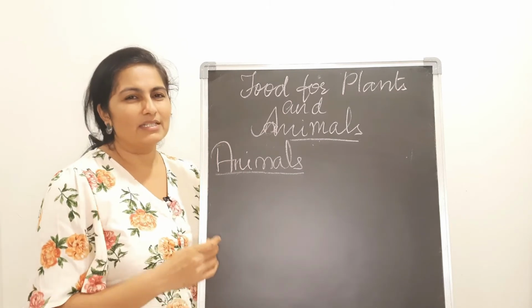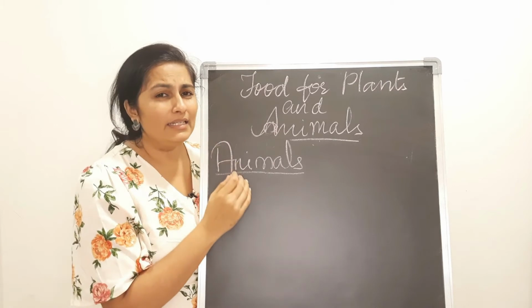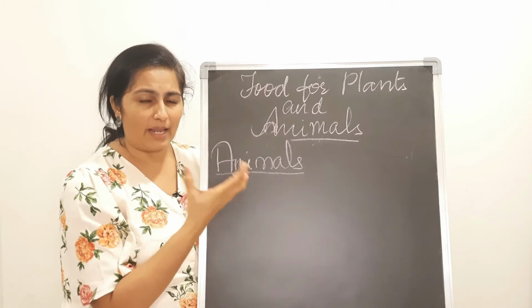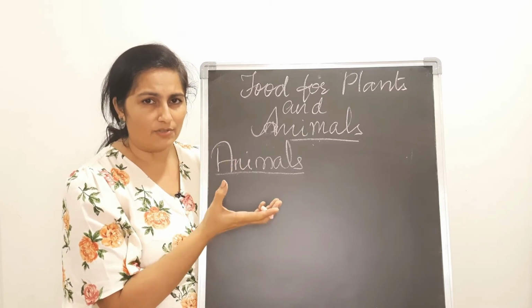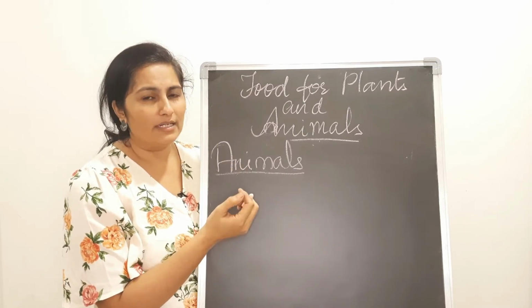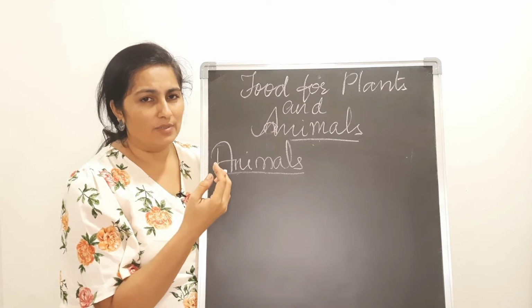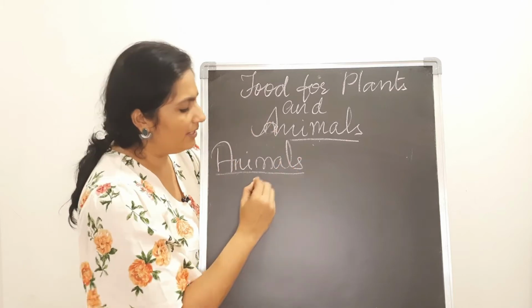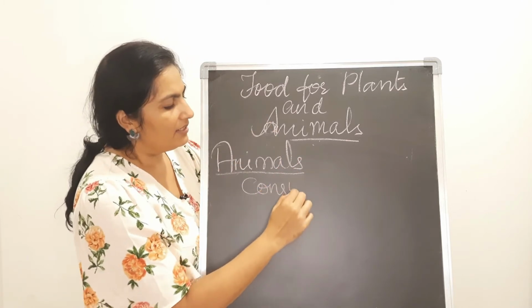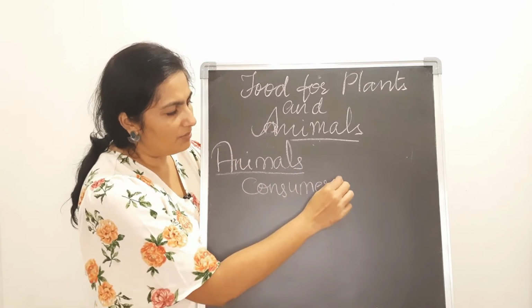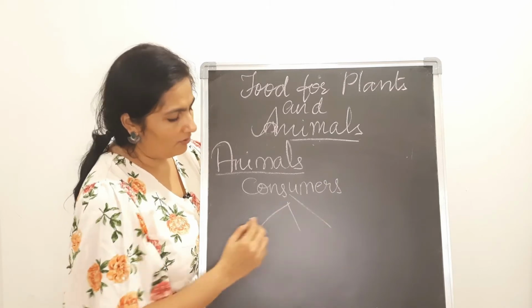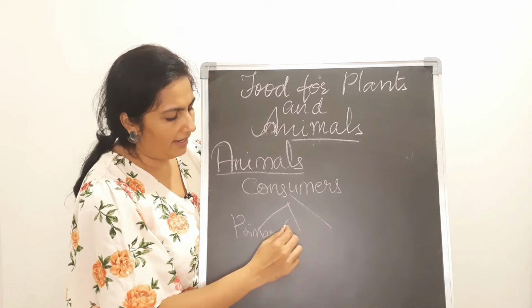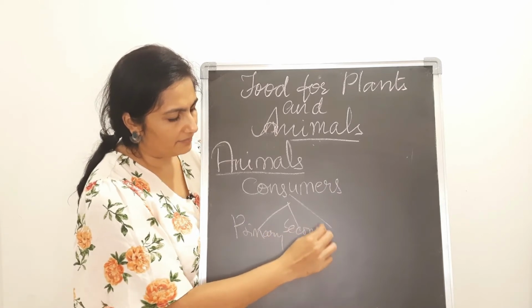Animals are generally called consumers. In consumers we have three groups: primary, secondary, and tertiary.